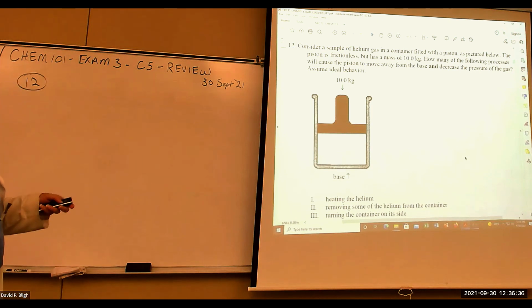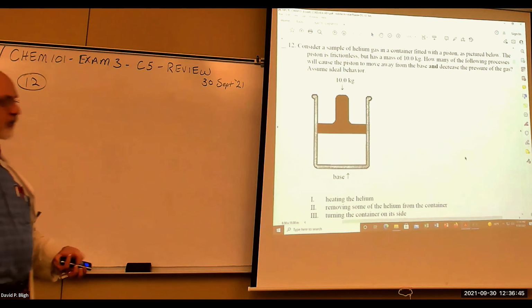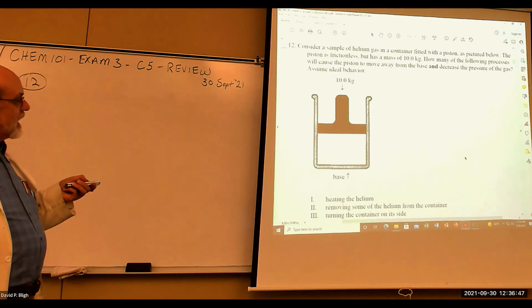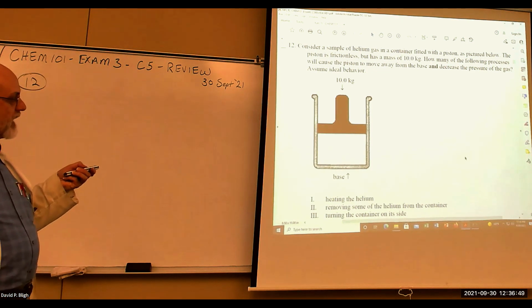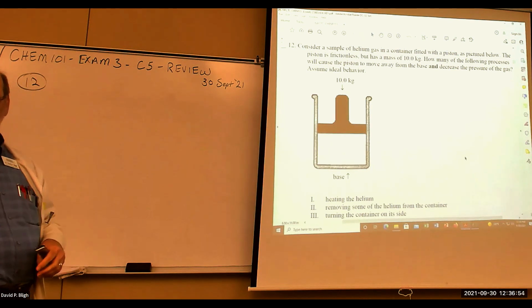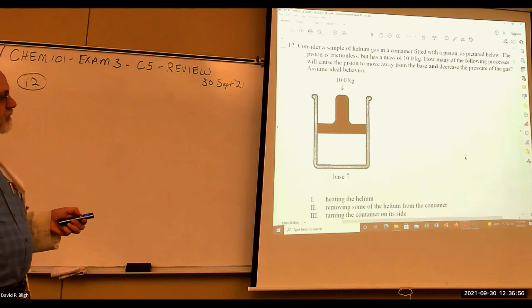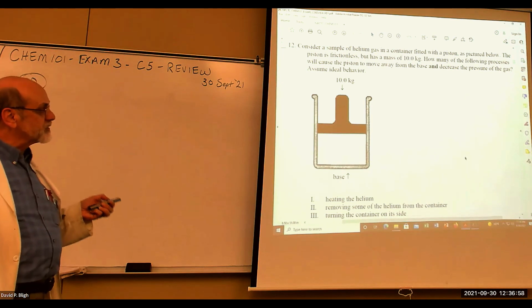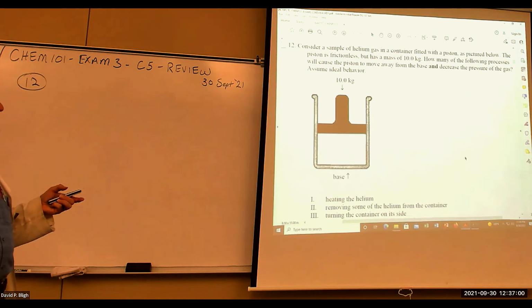As soon as we get this one identified, what type of problem it is. So relative to this picture, we have a sample of helium gas in this container. It's got a piston that's ideally frictionless, of course. And we have a 10 kilogram mass on top. So there's a constant pressure. How many of the following processes will cause the piston to move away from the base?